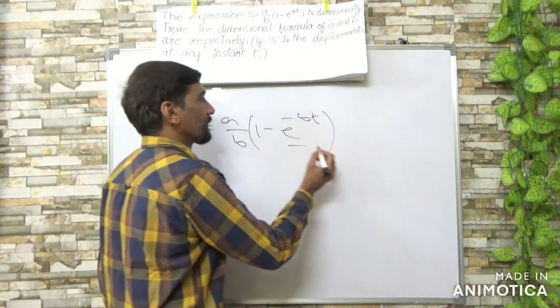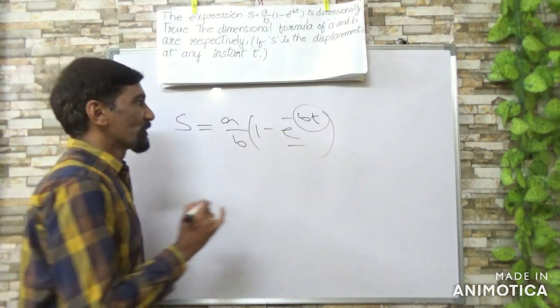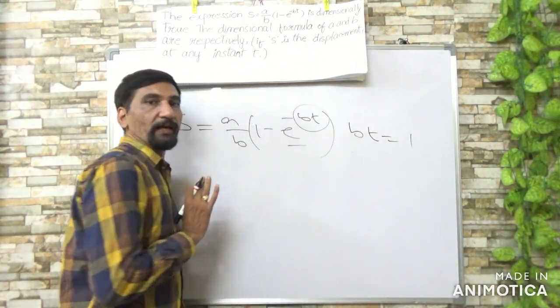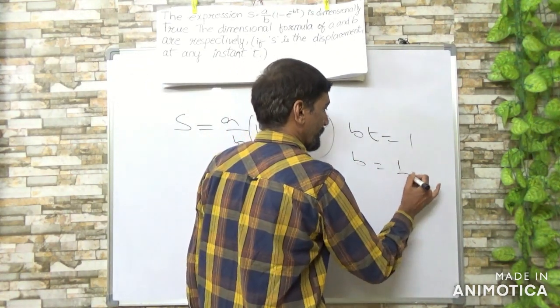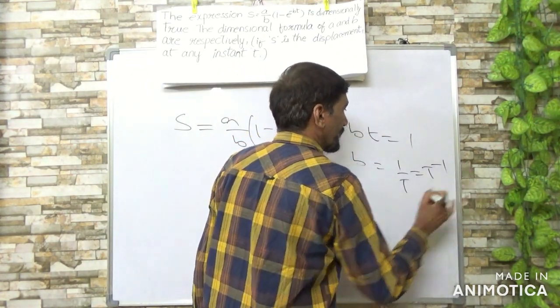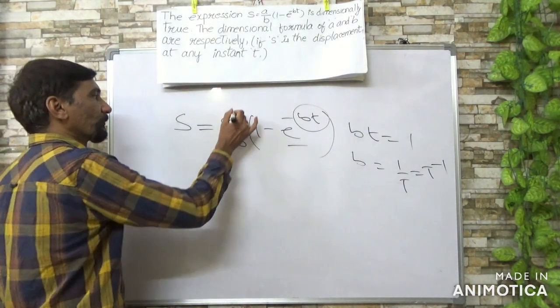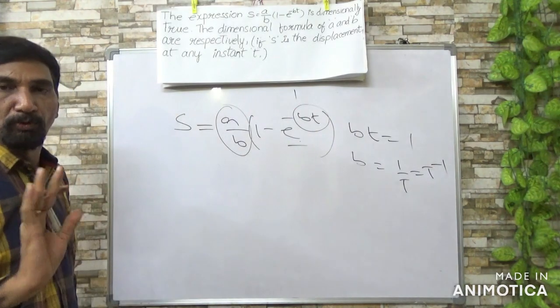Over here, e power minus bt, so I am taking bt equal to 1. T is time, so B is 1 by T, nothing but T inverse. Now about A. This whole bracket is taken as a ratio, with no importance.